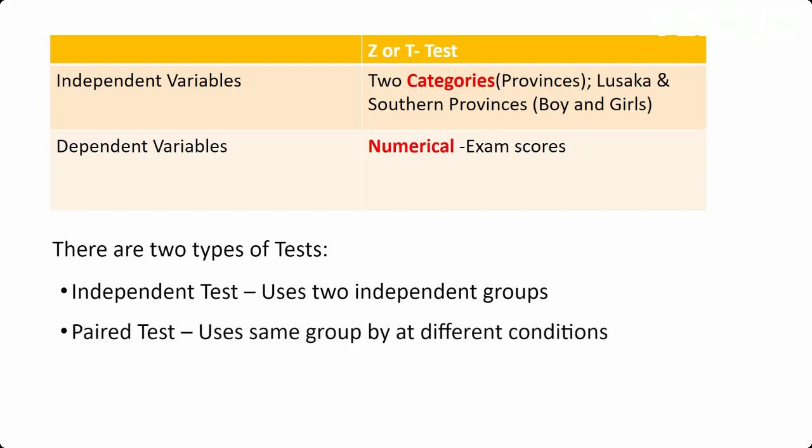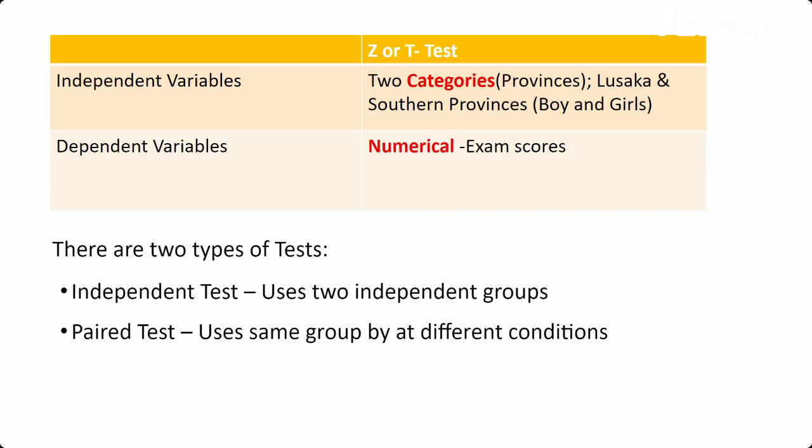There is also the paired test. You can use a paired test for Z test or T test on the same group under different conditions. For example, you weigh a group of people who have been put on a particular diet, to see if they are going to gain weight. You weigh them, say in January, and then later on you come and weigh them in the mid-year, say June.